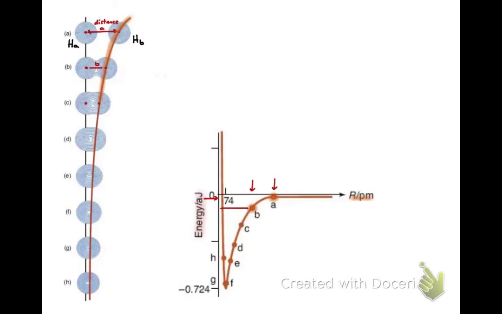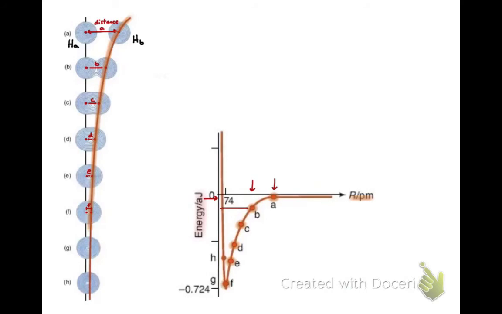And as you keep bringing the nuclei closer together, the energy decreases. And so we're seeing, as we go down, placing the nuclei closer together and then solving the Schrodinger equation for the orbital, we get a lower and lower energy orbital until a certain separation distance in which the energy is at its lowest. And that will be the ground state molecular orbital for the hydrogen atom.